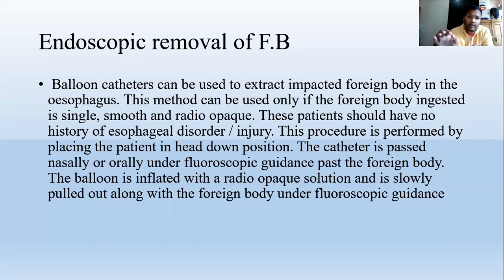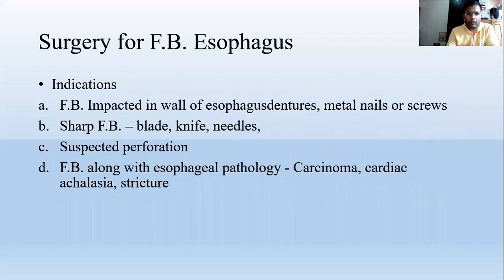First insert the catheter, then inflate the balloon, then pull out the balloon, and along with this balloon the foreign body comes out. This has very little chance of esophageal injury because you are not inserting any instruments, but the chances are very limited. It is better to do endoscopic removal, depending on what object is stuck there. So that's how the topic goes.